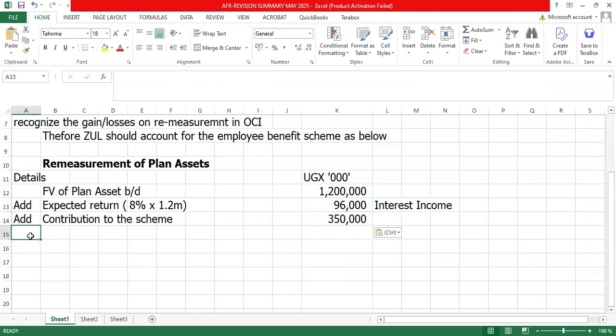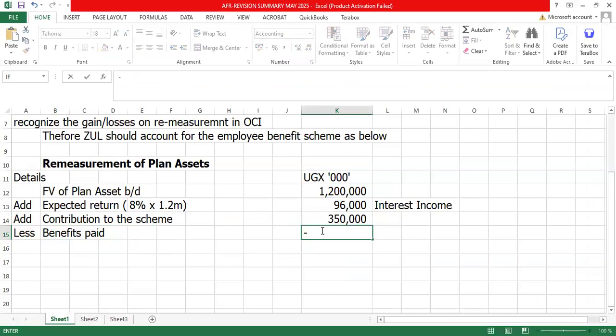Then next you deduct benefits paid out. This one will appear when you're handling assets and also when you're handling liability, and it will be the same amount. So this is how much? Negative 250.